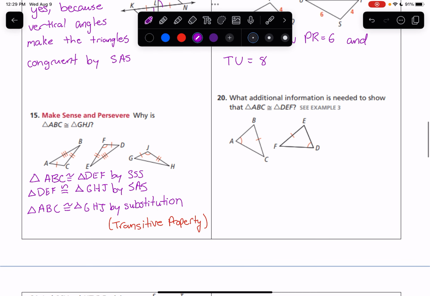Number 20, what additional information is needed to show that these two triangles are congruent? Well, I have one side and I have the angle over here. And I have one side and the angle over here.